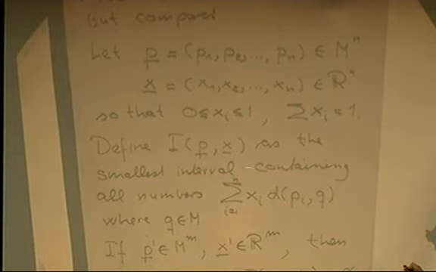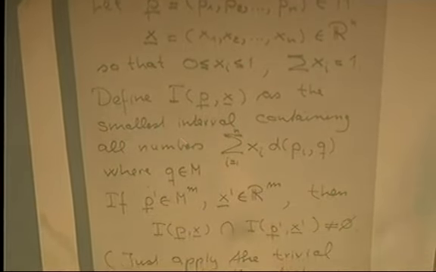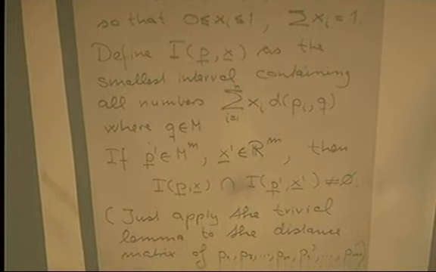So this means it's just a vector of the same length, and all the elements are numbers between 0 and 1, and they add up to 1. So I take any such sequence, and any such distribution, and then I define this interval as the smallest interval which will contain all these numbers. You remember we have seen these numbers before. So this is the smallest interval containing all numbers of this type.